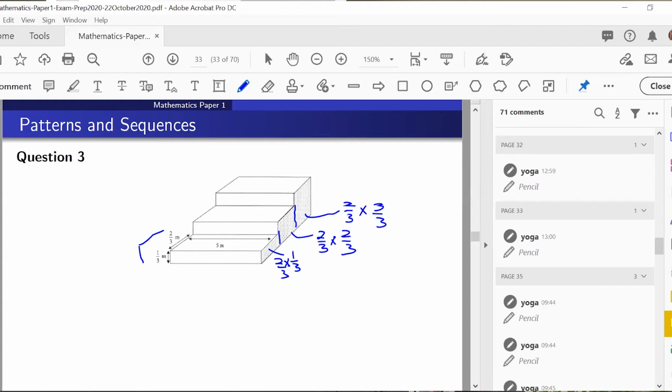So we are going to calculate the total area of the side that we are seeing and then multiply that by 2.